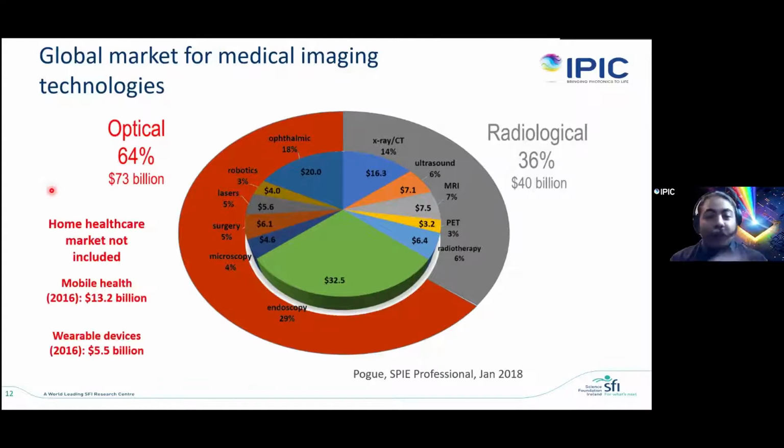And this is not including home healthcare. It is even more prominent if you count mobile health, which in 2016, before the pandemic, was about 13.2 billion, and wearable devices, which was 5.5 billion. After the pandemic, needless to say, everyone is at home, so home healthcare is way more important, right?